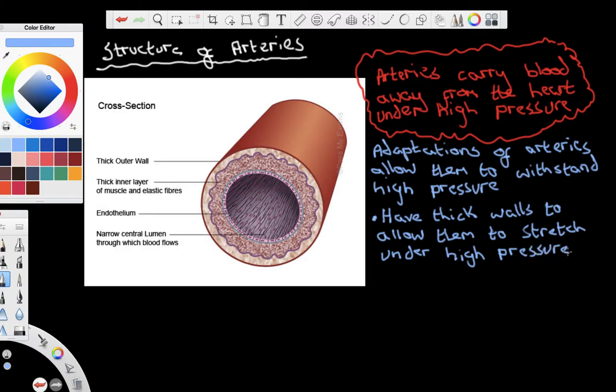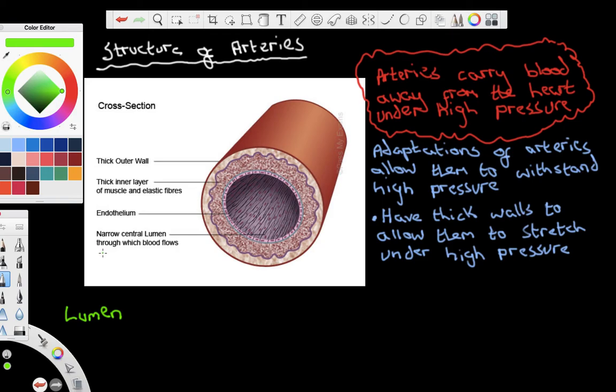Okay, so they have these thick elastic walls that allow them to stretch under high pressure. They also have what's known as a narrow central lumen, and that brings us to another key word, the word lumen.